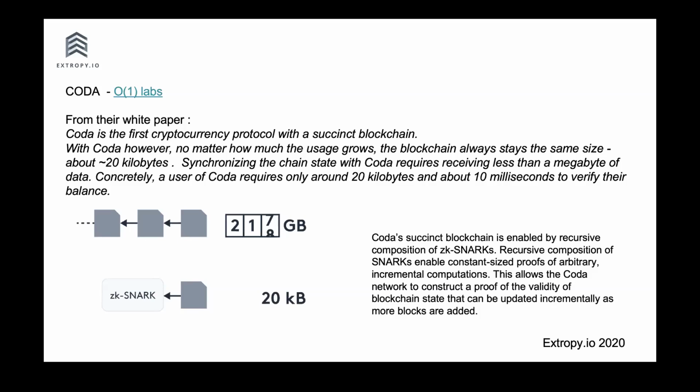You take a proof of that, incorporating the latest updates to your system to produce a new proof that the whole system is correct. And again, you have a very succinct proof that the whole of your blockchain is correct. And so in this way, you get a very small blockchain size.